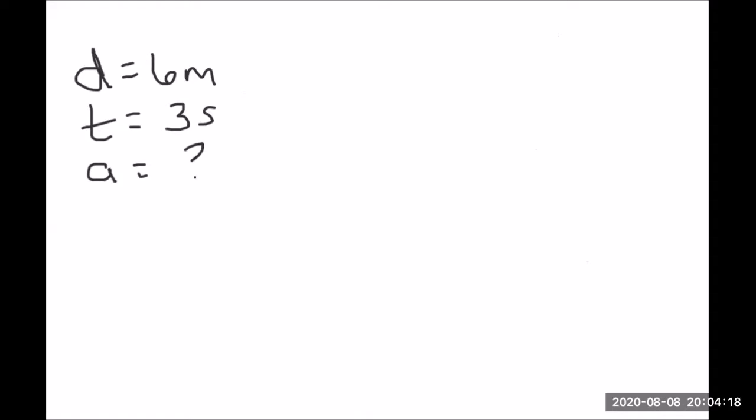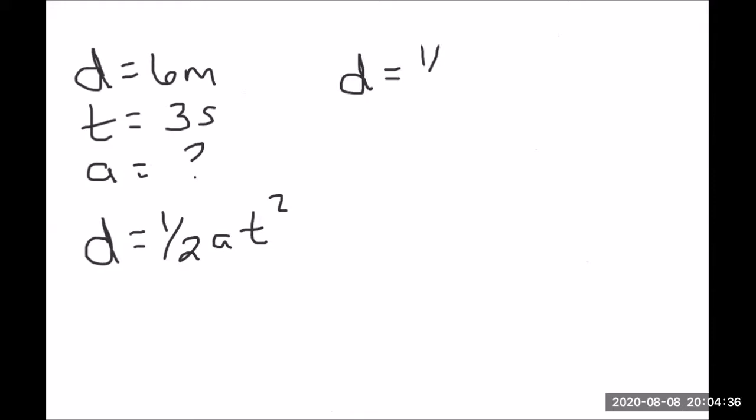So if you look at your formula sheet, there is an equation that actually combines those other 2 equations, and it is d equals 1/2 at squared. Okay, so what we're going to do is see if we solve for a using this, if we get the same answer or not.